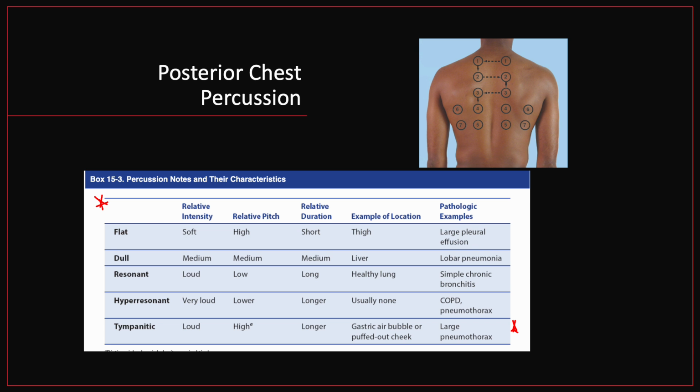It's an easy test question over any of these. And if anybody has any questions on how to find something that sounds exactly like flat, dull, resonant, hyperresonant, or tympanic, just ask me during class or during simulation and we can give you some examples or show you.